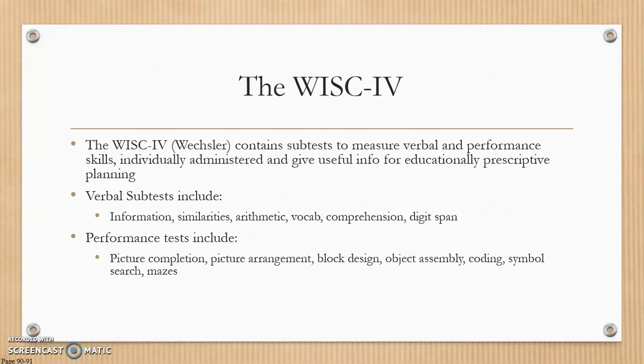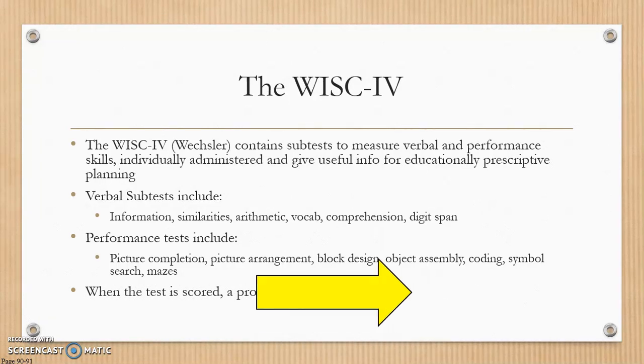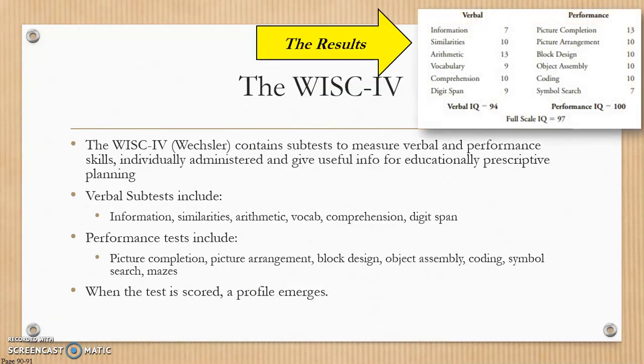The performance tests include picture completion, picture arrangement, block design, object assembly, coding, symbol search, and mazes. When the test is scored, a profile of the child emerges. Here is what the results would look like.